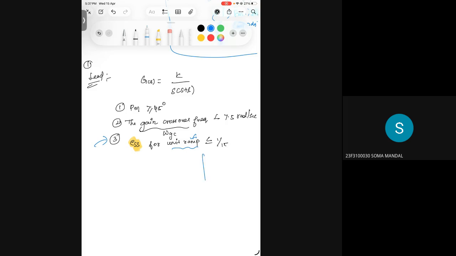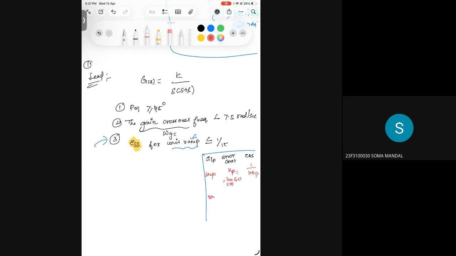I'm just writing it here: input, error constant, E of S. If input is step, error constant we call it as Kp, where Kp is equal to limit s tends to 0, G of s, and ESS is 1 by 1 plus Kp.